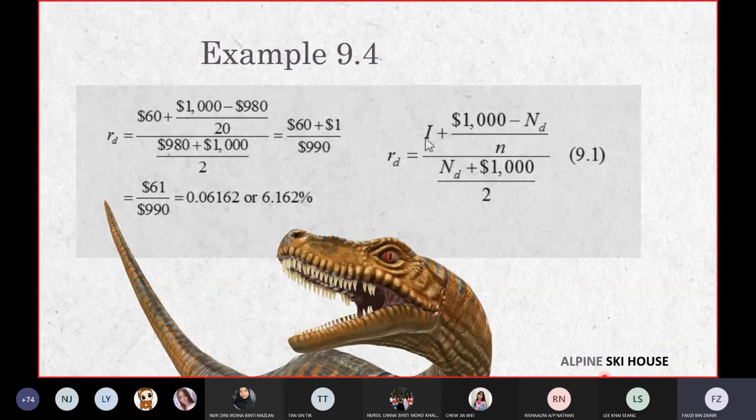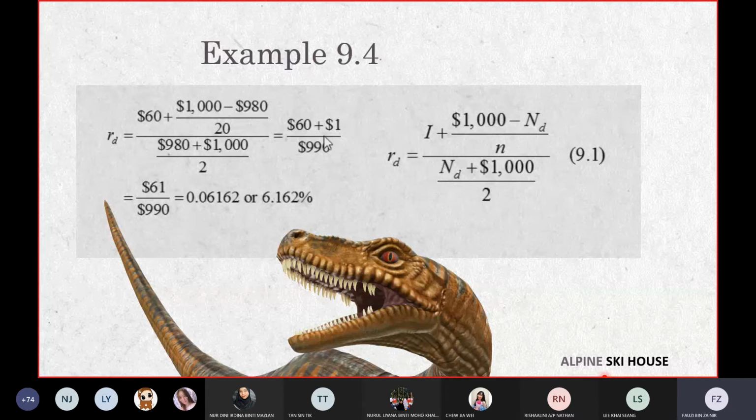So basically we are just plugging in I, the coupon payment, which is $60, and then 1,000 minus the net proceeds of selling the bonds, which is $1,000 minus the $20 discount, so $980, divided by N, the period, and then $980 plus 1,000 divided by 2.